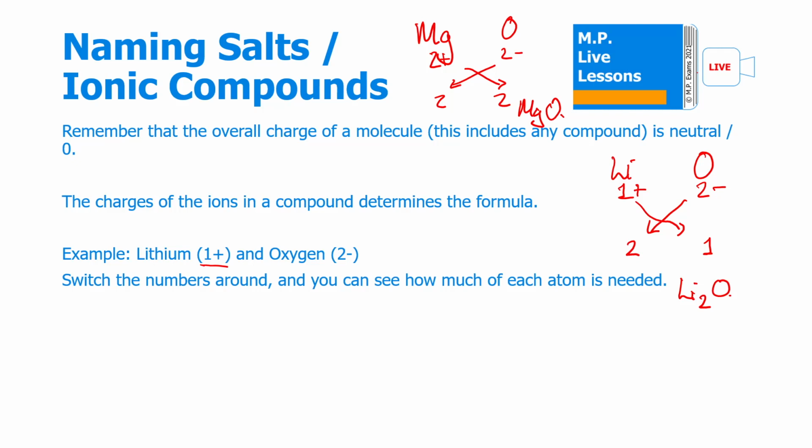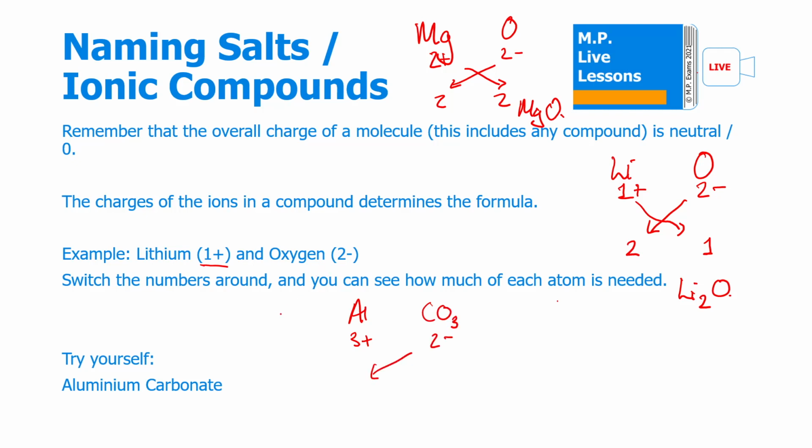Now, one more thing you could try with this trick is try and write the formula for aluminium carbonate. So aluminium has a charge of 3 plus, whereas a carbonate has a charge of 2 minus.